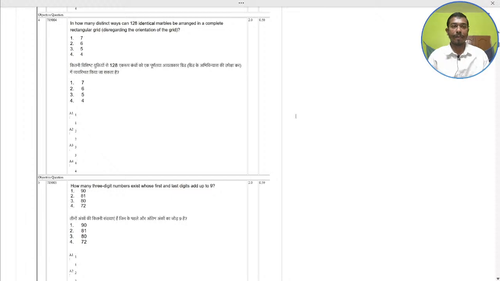Question number 4. In how many distinct ways can 128 identical marbles be arranged in a complete rectangular grid, disregarding the orientation of the grid? Simple question, try yourself first.